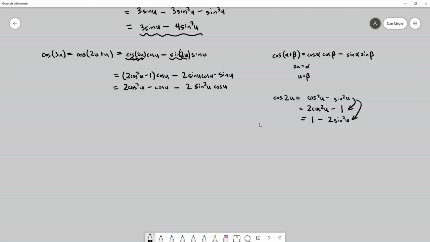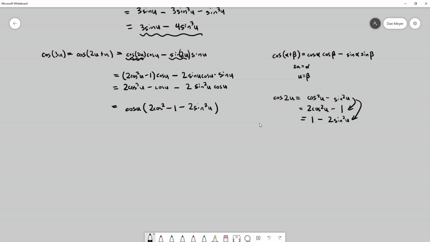So one path we could take is, it looks like each of these terms has a cosine of u that I could pull out. Cosine of u times 2 cosine squared u minus 1 minus 2 sine squared u.